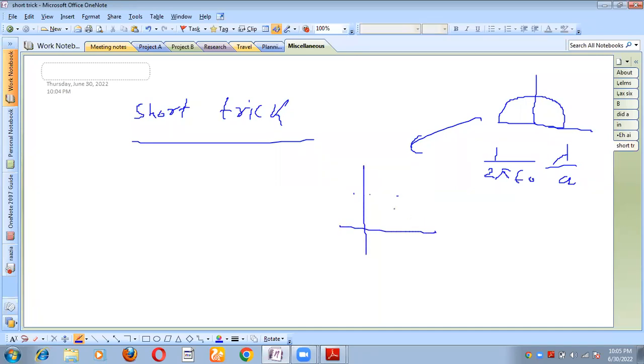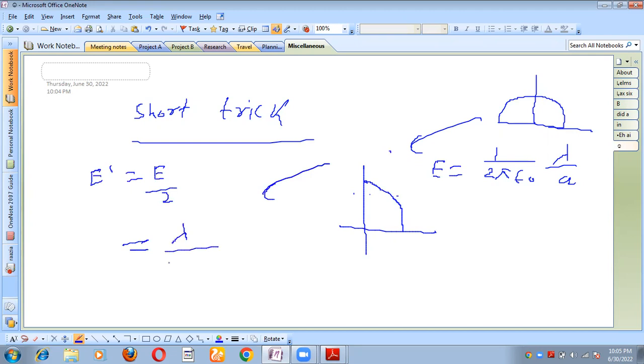Now you have only half part, right? Half part is removed. So suppose this value is E, what will be E dash? E dash will be E by 2. No need for more, because this is a symmetric case. So directly you can halve it, and the electric field will be lambda by 4 pi epsilon naught A. Everyone got this or not?